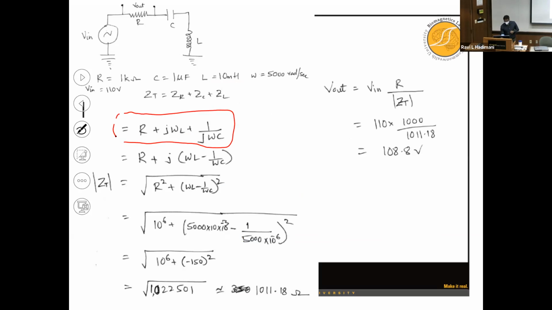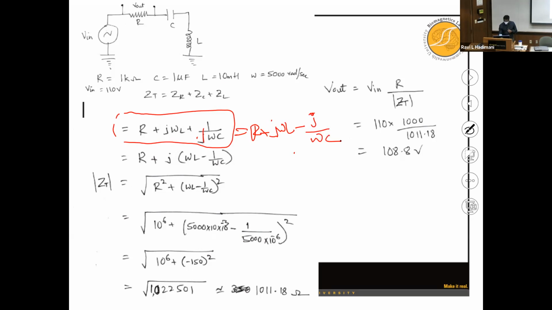Again, see here you have 1 over j, so if you take it up, this becomes negative. So that means this becomes R plus j omega L minus j by omega C.